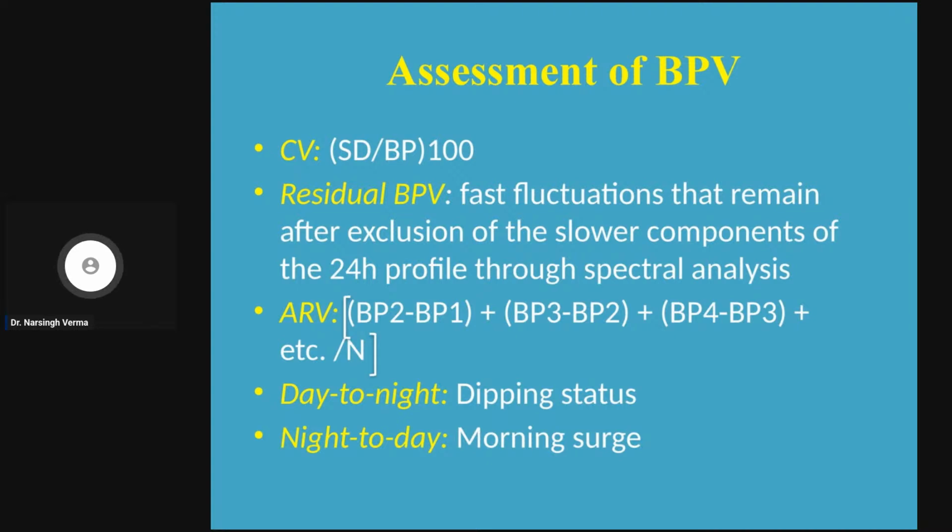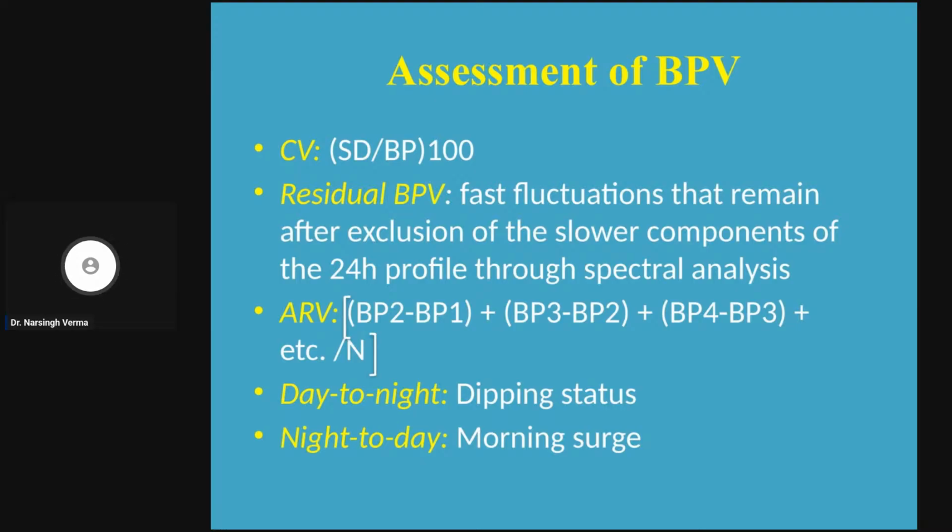The CV is very important, and this is the standard deviation of blood pressure divided by the mean, into 100. And the residual blood pressure variability is the fast fluctuations that remain after the exclusion of the slower components of the 24-hour profile, and this can be known by this particular formula. By this we can find out the residual blood pressure variability, which, over a long time, will become a big risk factor.